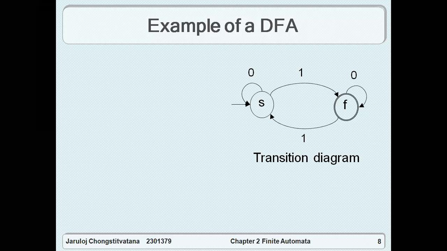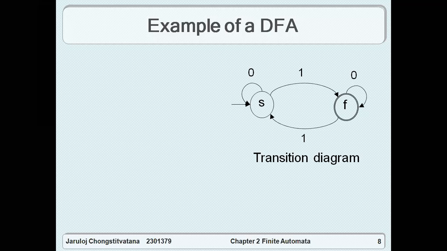So that is the mathematical representation of finite automata. Those are the elements: Q, sigma, delta, Q naught, F, where Q represents the finite set of states, sigma represents the finite set of input symbols, delta is a transition function, and then the initial state and final state.